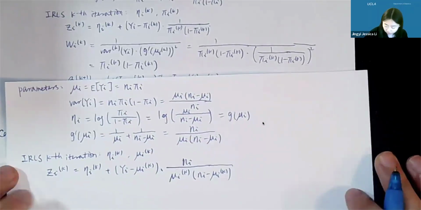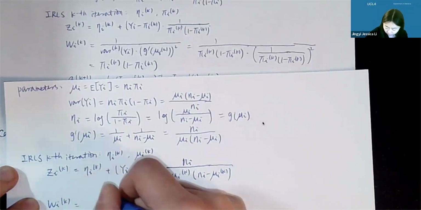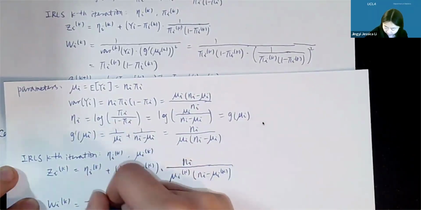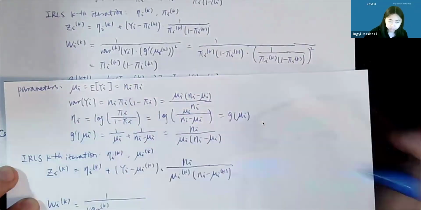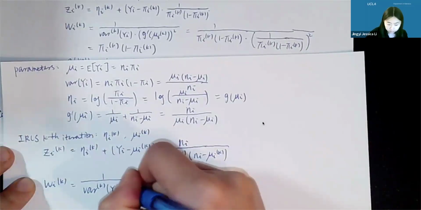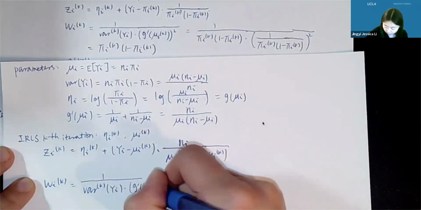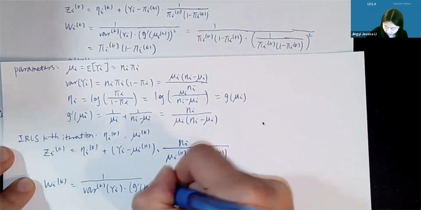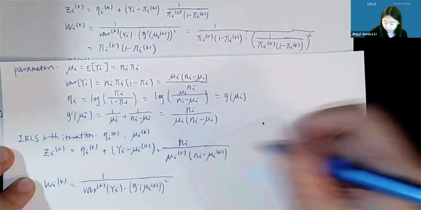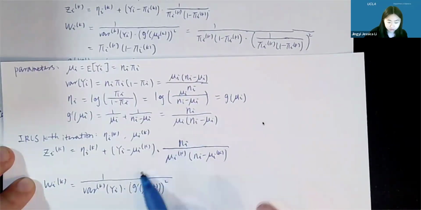Then we update the weights. w_ik is 1 over the variance of y_i with the kth parameter values times g prime of mu_ik, squared. We plug in those values.